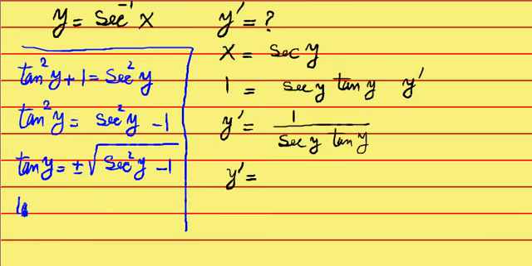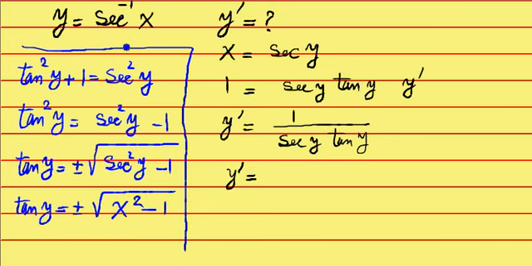Now tangent of y that we want to replace here, instead of secant I will put x, so I'll have plus or minus radical x squared minus 1. Okay, now comes the critical issue. Which one of these two signs should we choose?